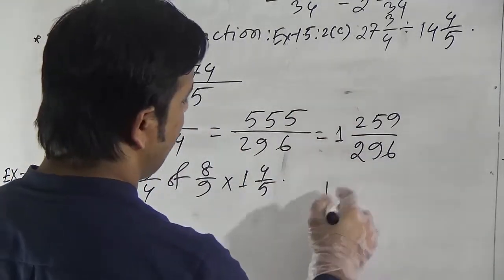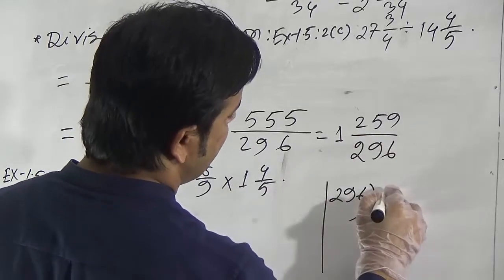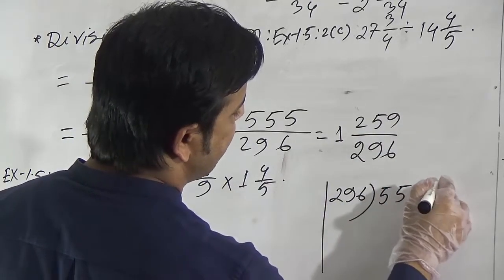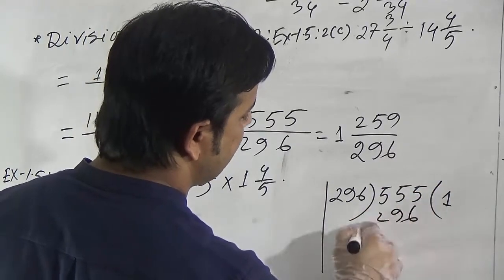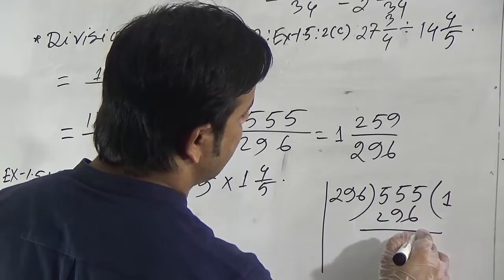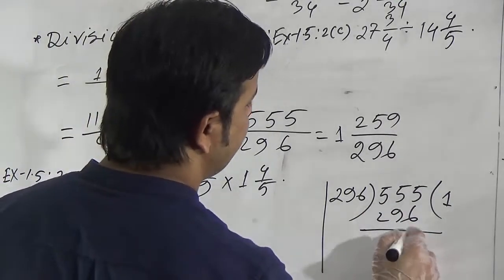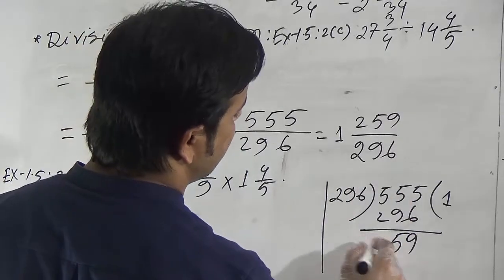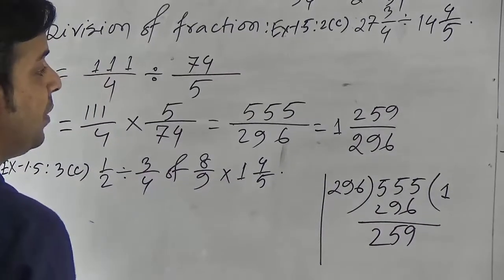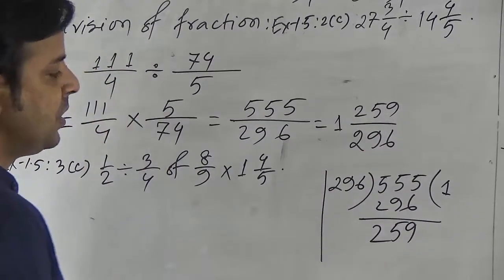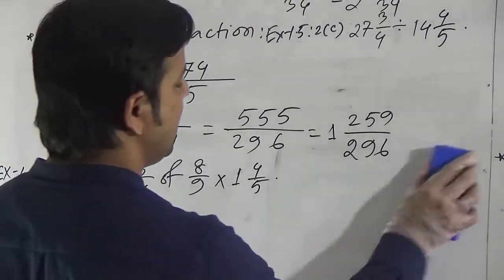You can see the rough work here. 296, if you divide 555 one time, 296, if you subtract you will get 9 here, here is 14, so you will get 5 here, and here is 2. So we can write this in the numerator. So we can say this is our required answer for this question.